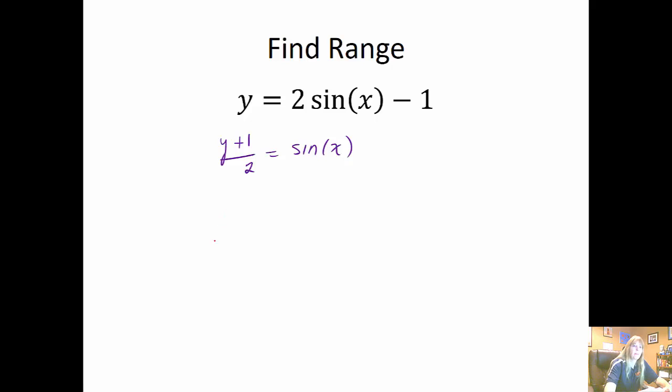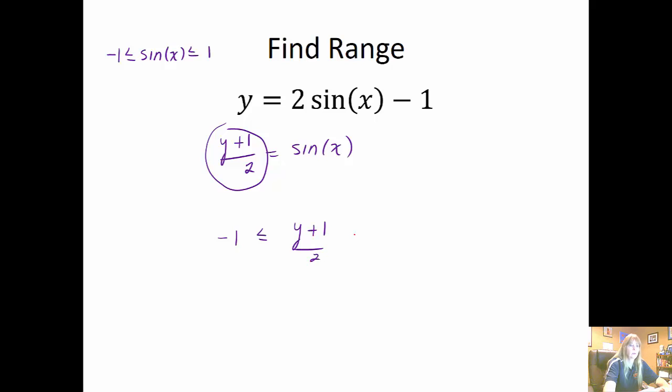And then I remember that the range of the sine is between -1 and 1. You hopefully are remembering that. So I just simply put that in this range: (y plus 1) over 2 between -1 and 1.